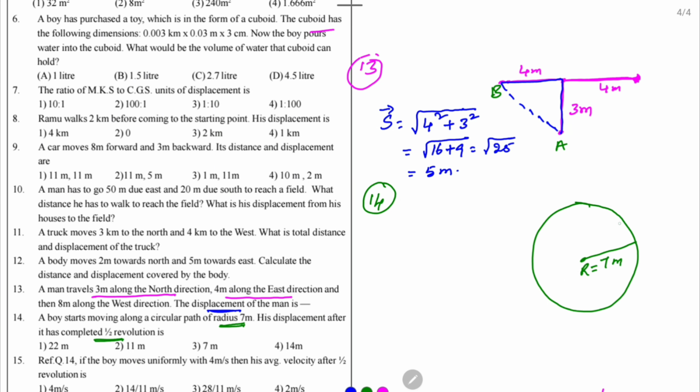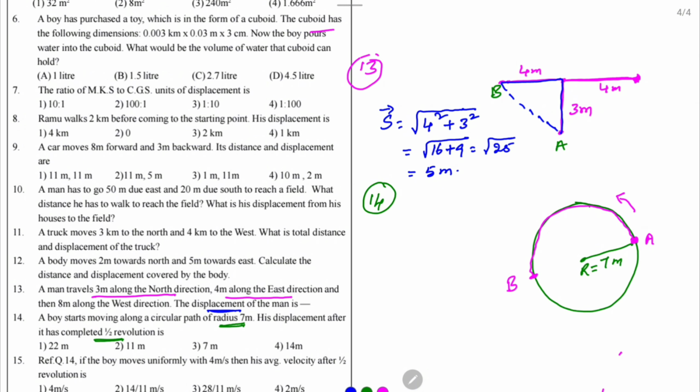So let us see, he starts from this point. Let us take this point as A and moving in the anti-clockwise direction. So all the way he moved to this point B, half a revolution.